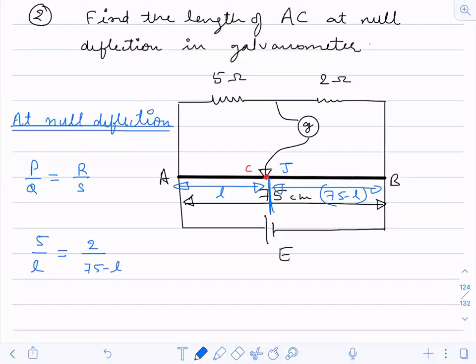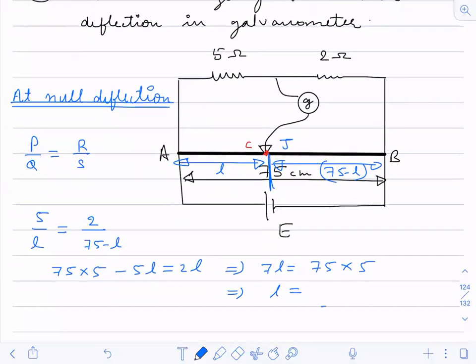Now if you solve this, you will have 75 into 5 minus 5L is equal to 2L. This becomes 7L is equal to 75 into 5.